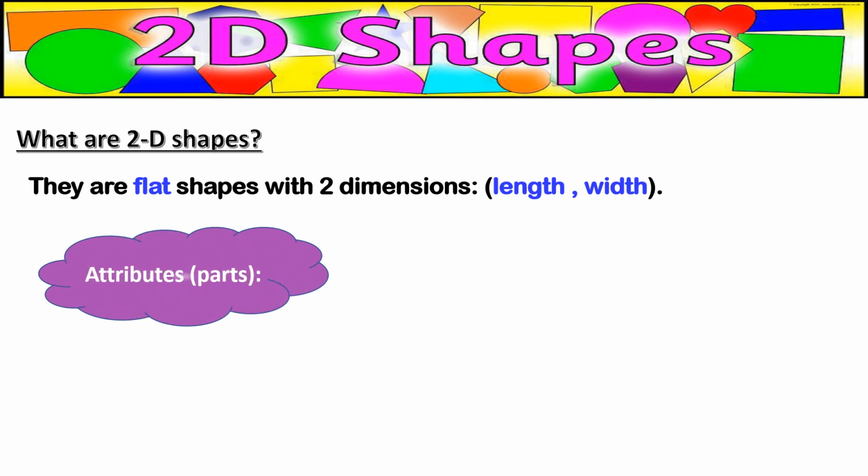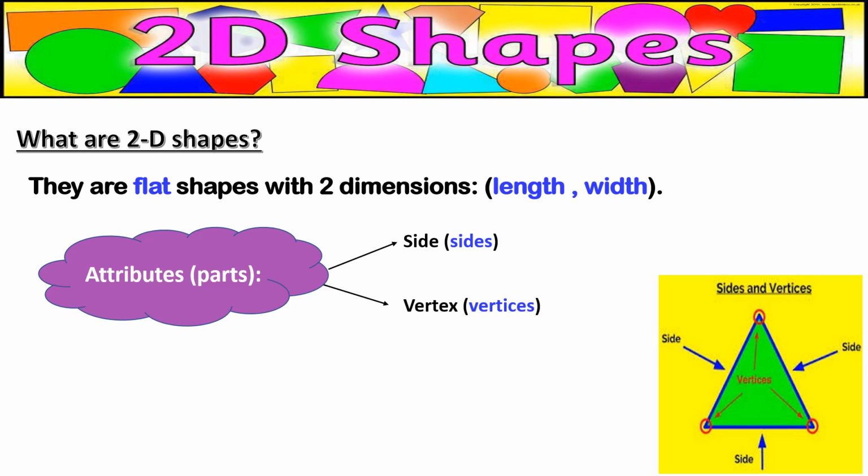We have some attributes, which means some parts of 2D shapes. First part, side, and its plural is sides. And second part, vertex, and its plural is vertices. Like this photo, we have here a 2D shape with many sides and some vertices.